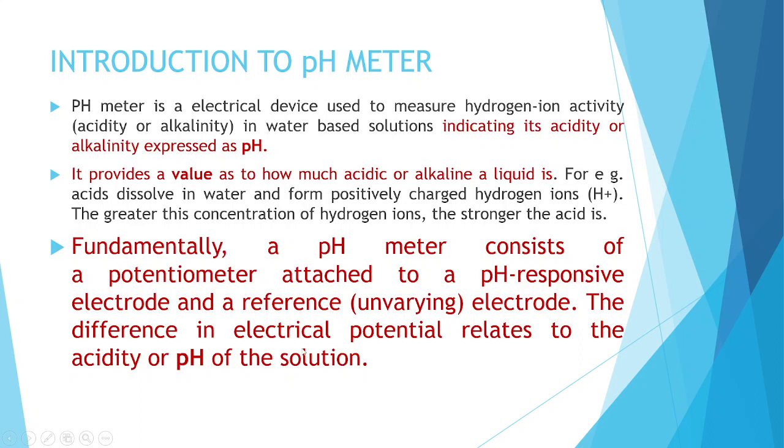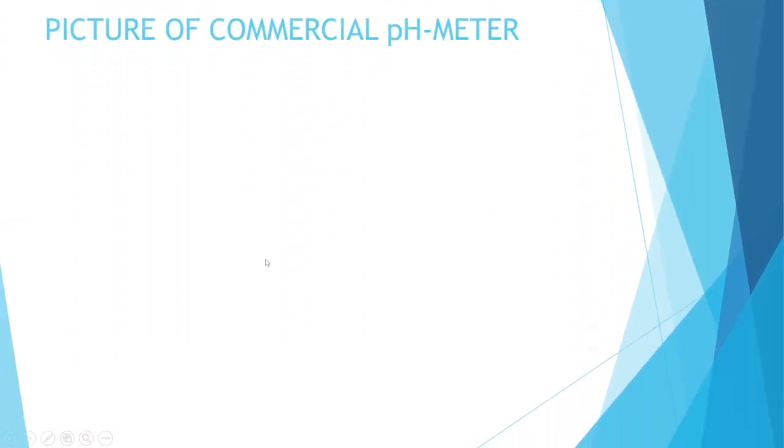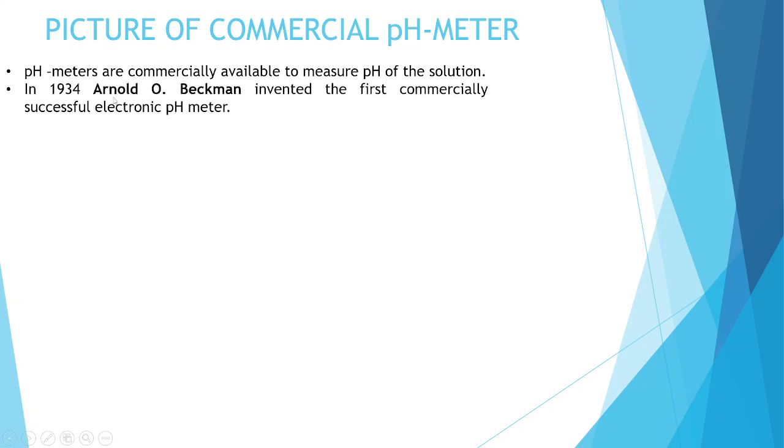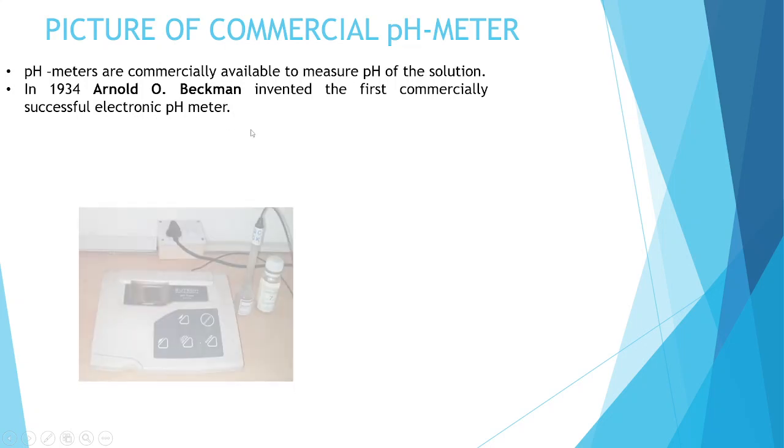The difference in electrical potential relates to the acidity or pH of the solution. pH meters are commercially available to measure pH of the solution. In 1934, Arnold O. Beckman invented the first commercially successful electronic pH meter.